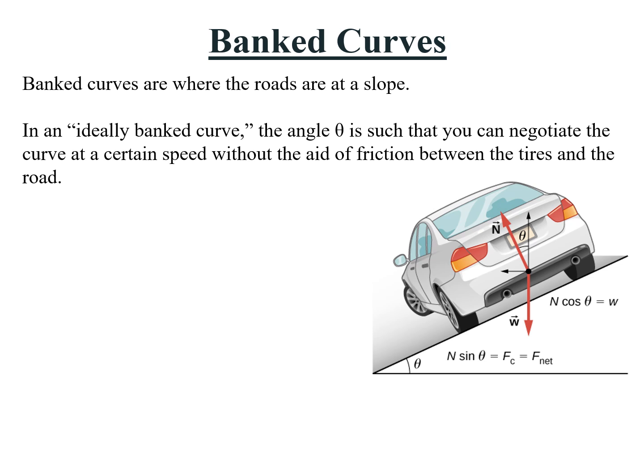So banked curves are where the roads are at a slope, just like in this diagram. In an ideally banked curve, the angle is such that you can negotiate that curve at a certain speed without the aid of friction between the tires and the road.